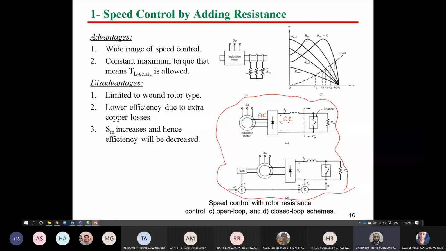And by controlling the AC to DC and the DC chopper here, we can control the effective value of resistance. So the effect of controlling the power electronic converters will be reflected on the impedance or resistance seen from the rotor side. Right.